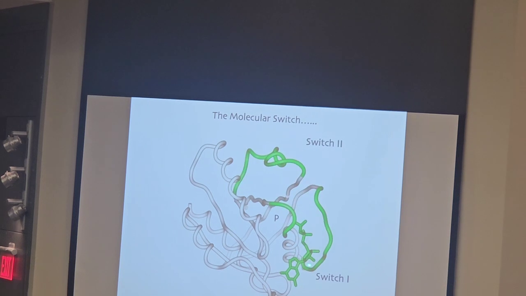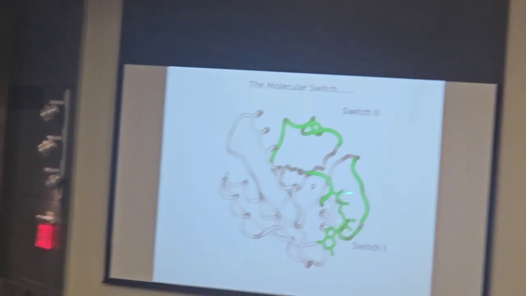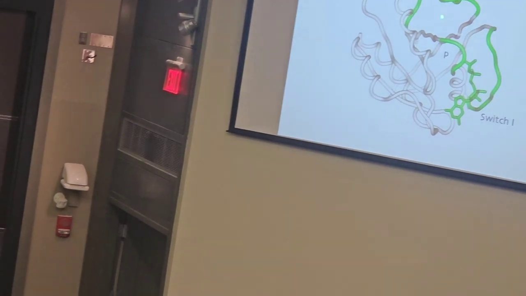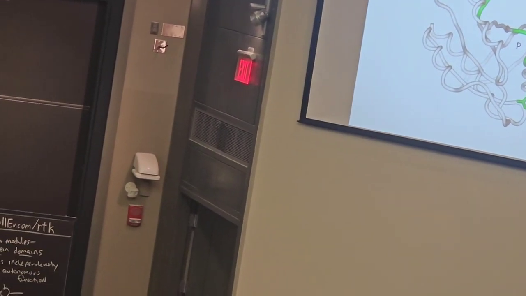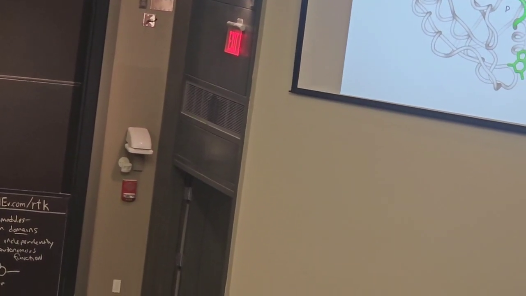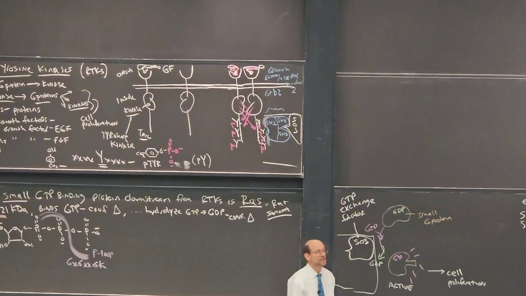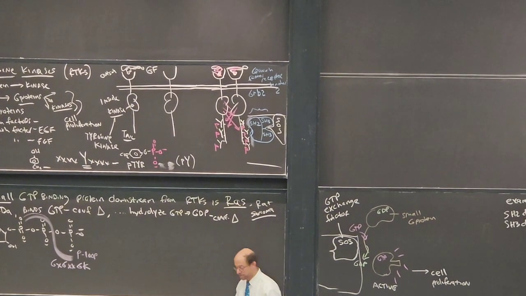See how the shape of these switch regions changes? Now it's subtle. You see switch 2 appears to change a bit more than switch 1, but those two switch regions are changing. And when they change their shape in the GTP bound state, that's when RAS is able to signal. And in the GDP bound state, it's not able to signal.